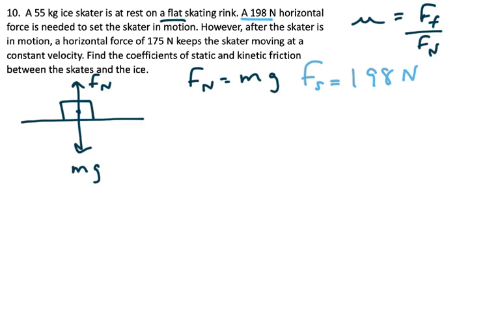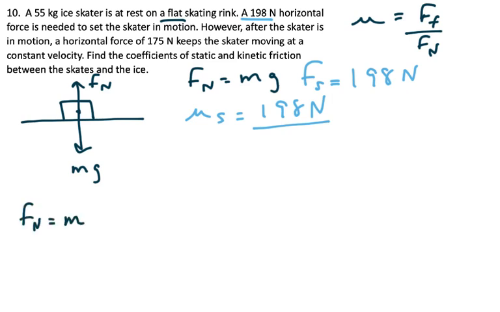So if we want to find our coefficient of static friction, it'd be 198 newtons, the frictional force associated with the static friction, divided by the normal force, which is mg, and I'm going to come over here and figure this out. Didn't leave myself enough space.